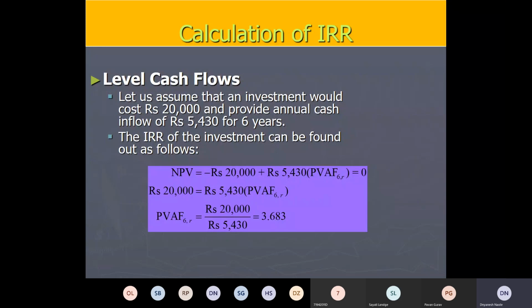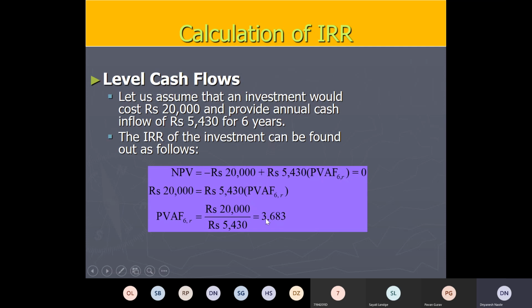Now it becomes simple. Minus 20,000 plus this should become 0. So the present value factor of annuity for 6 years and a particular rate should have the value 3.683. So it's a reverse process.